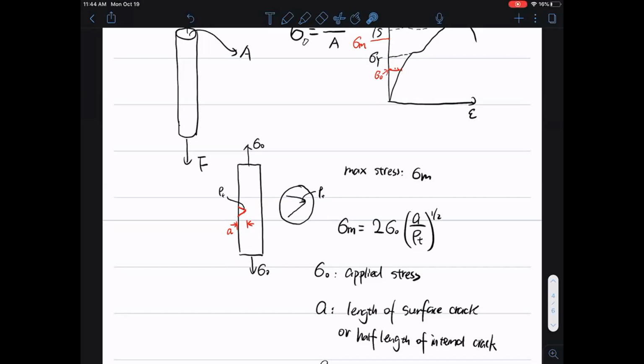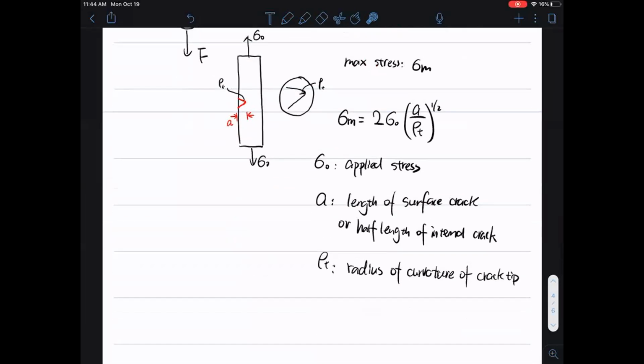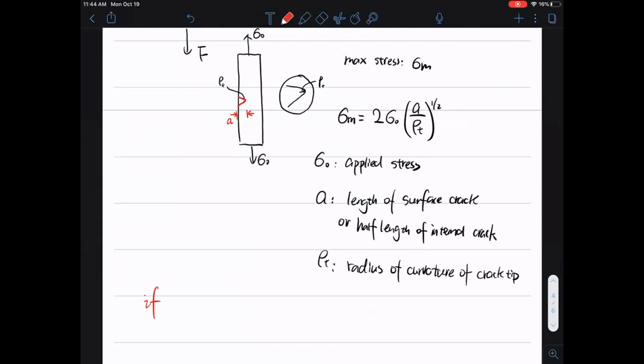So keep in mind, if there are cracks, sigma m is going to be larger than sigma naught.